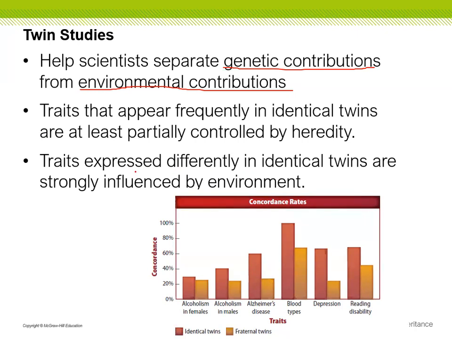Whereas when these traits are expressed differently, that's when it's more strongly influenced by the environment. Again, you look at blood type, the blood type of twins is completely genetic. We look at reading disabilities, it's really high, right? Over 60% of identical twins, if one has a reading disability, the other one has a reading disability. Why is that? A lot of it's genetics.